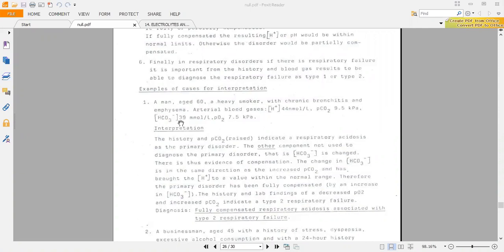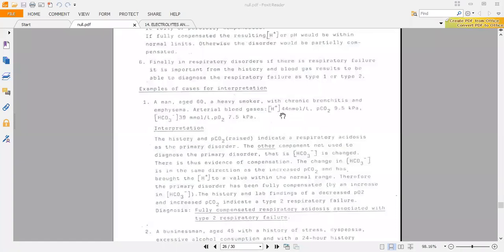The bicarbonate levels are 39, and we saw that the range is between 21 and 28. So the bicarbonate levels have also increased. And I said that anytime the increase is in both directions, if you have partial pressure of carbon dioxide increasing and bicarbonate increasing, then the increase is a compensation. The last place I'll look at is the H plus. The H plus is within the normal range, so that tells me that it's a full compensation.